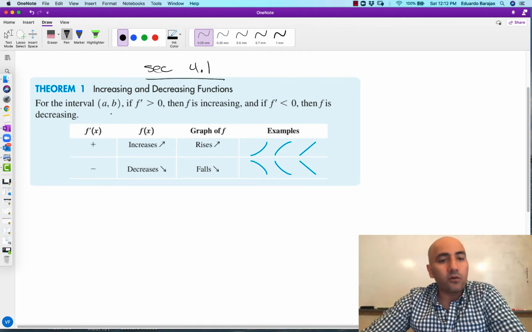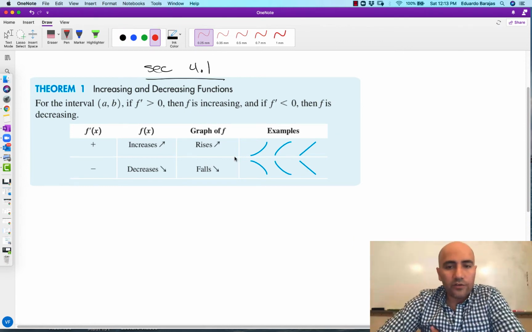On an interval from A to B, if the first derivative is greater than 0, it's positive, then f is increasing. And if the first derivative is negative, less than 0, then f is decreasing. So here are some examples of what the underlying function could look like. Let me zoom into here.